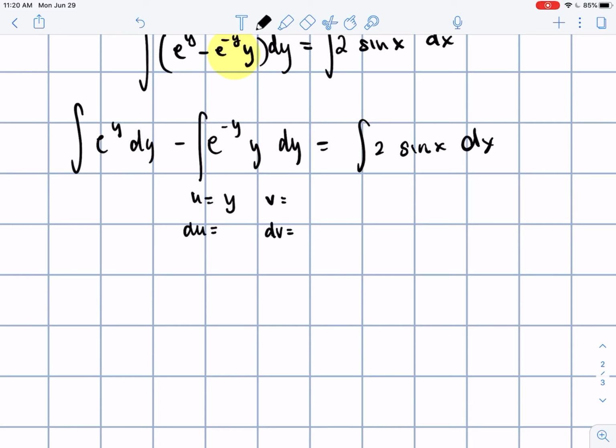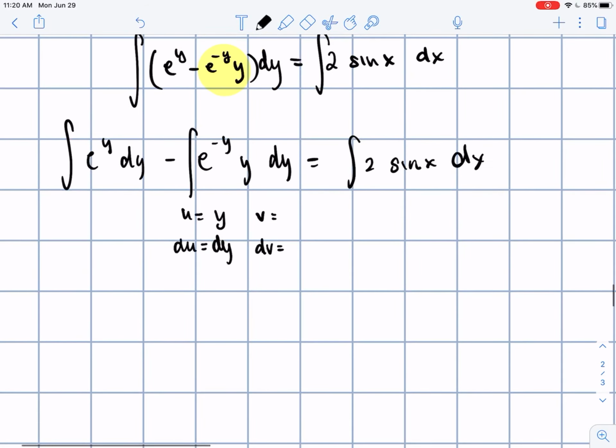Usually it's just going to be your algebra one, so that's y. The derivative of y is dy, so that's your u. Whatever's left over is your dv. I always do it this way because you want to pick u and dv first, then take the derivative of u and the integral of v.